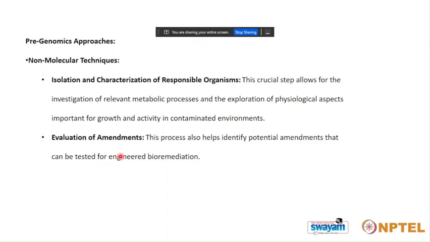And this non-molecular based technique basically helps to identify the potential amendments that can be used for engineered bioremediation.